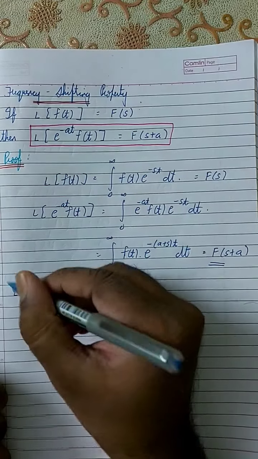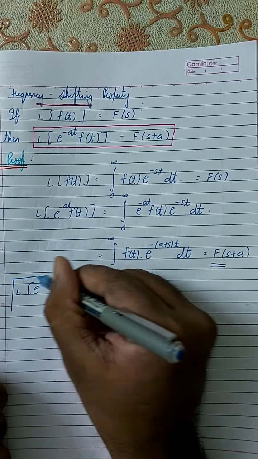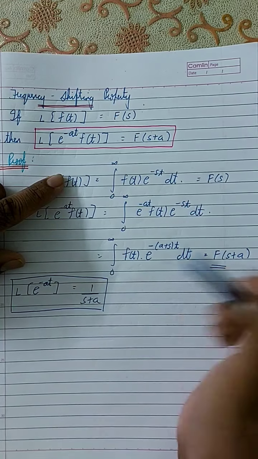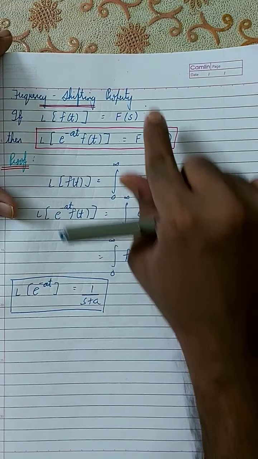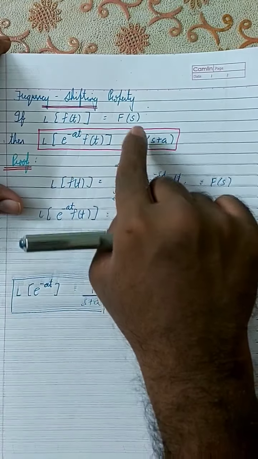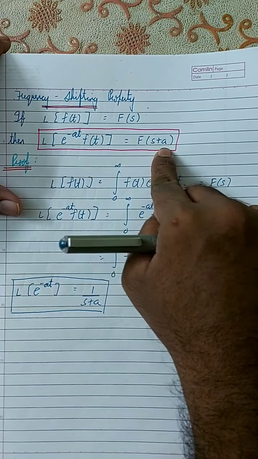Now I'm going to do the same problem again using this property. It's very simple. What is the difference between F of s and F of s plus a? This is a shift in the frequency domain.